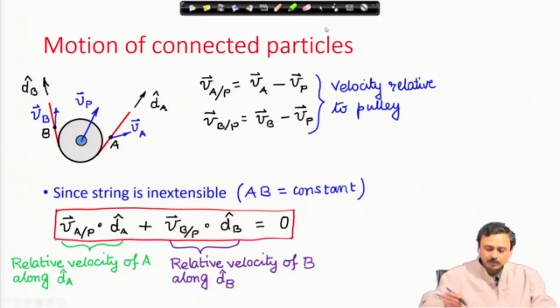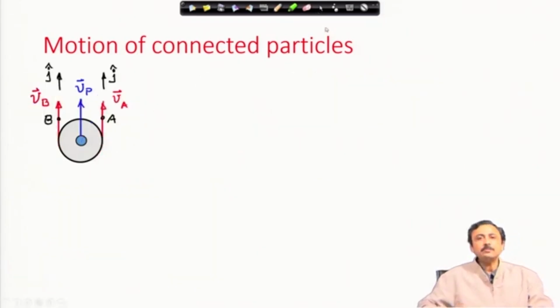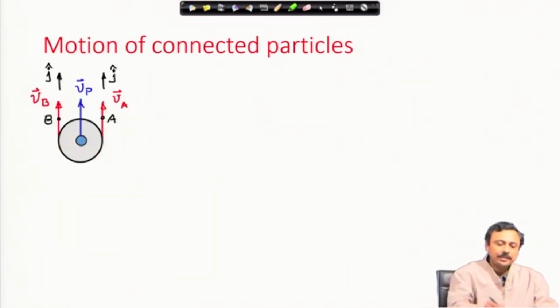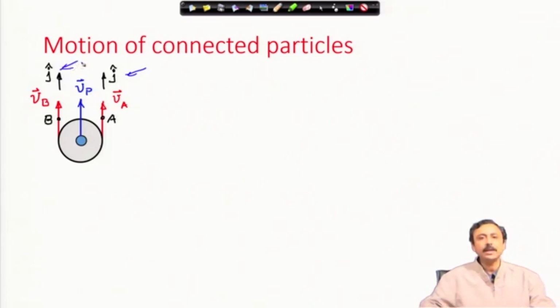Now, consider a very special case where the directions are both vertical, which I call the j cap direction, the unit vector along the y direction. All the strings are vertical, the pulley is moving vertically, and the points A and B are also moving vertically, there is no unwrapping.